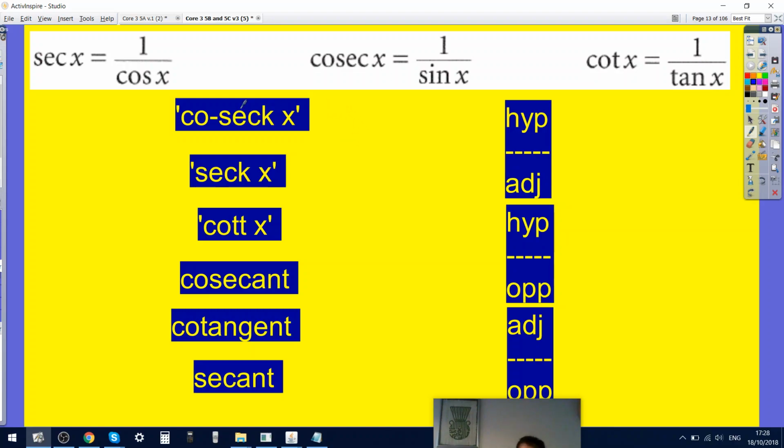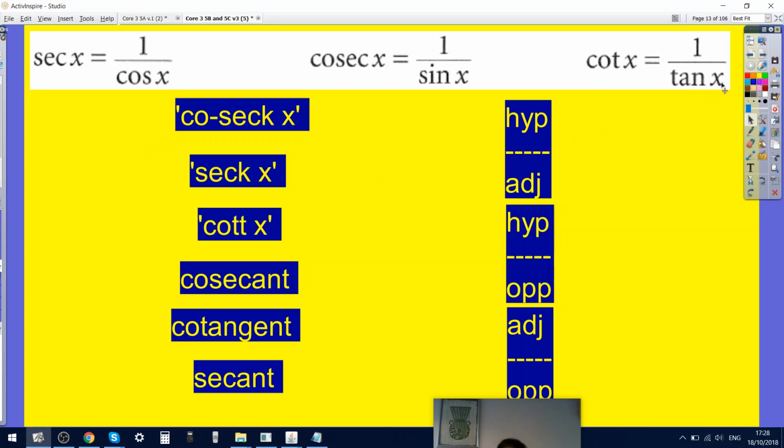So you haven't seen secant, cosecant, cotan in school? Okay, so this is what these things are called. In GCSE, for the first time, or Key Stage 3, you saw sine, cos, tan. Now you're seeing when you have the hypotenuse over the opposite, which is just 1 over sine x, that's called cosecant x.